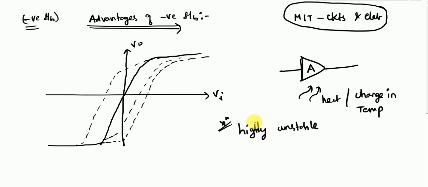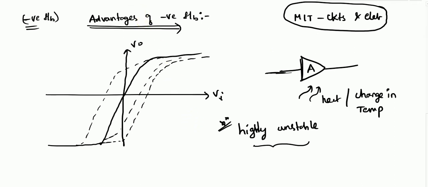So the drawback is that the open loop amplifier characteristics are very strange. They are changing. They are not constant at all. Then how can you believe such a device and design circuits which are highly unstable, highly inaccurate and highly unpredictable? So the idea of negative feedback changed the history of circuits. Boom, suddenly there is a revolution.